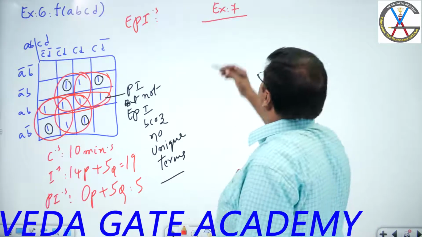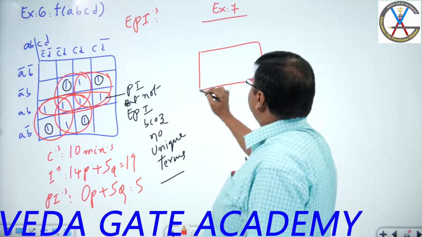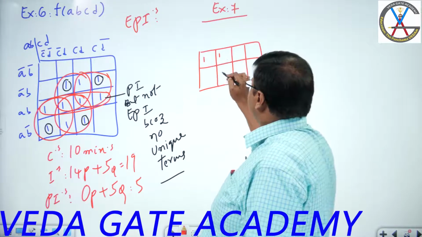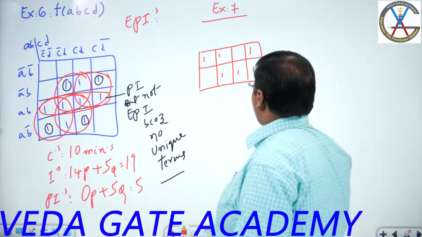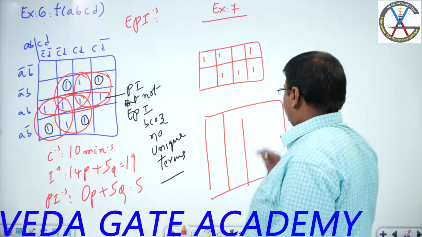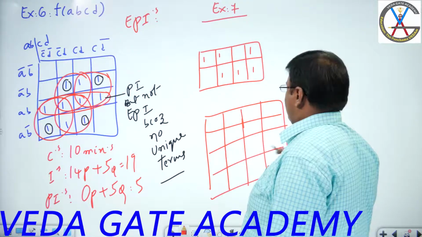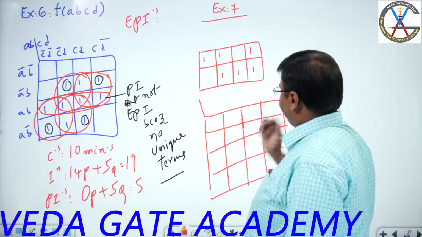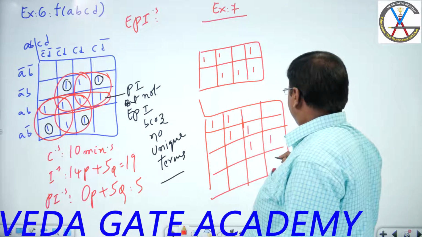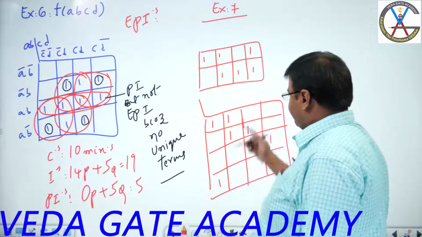After this, for example 7, we have maps like this.